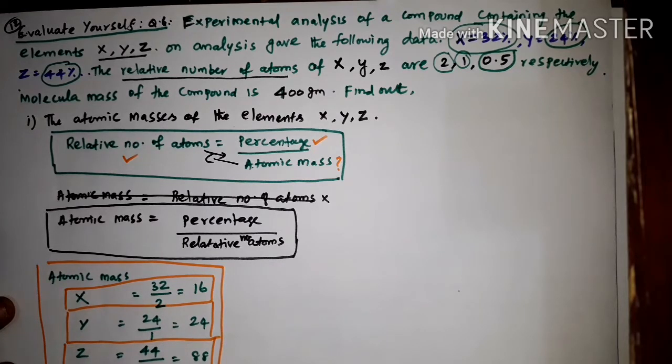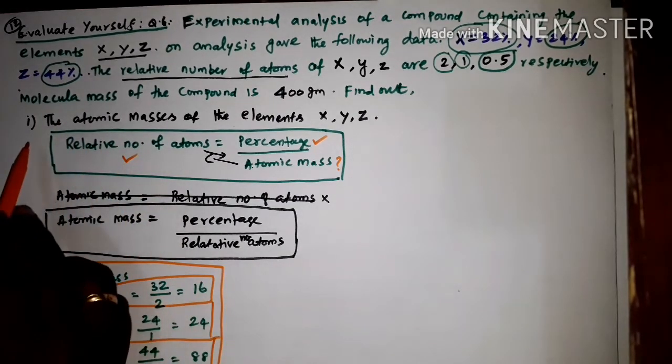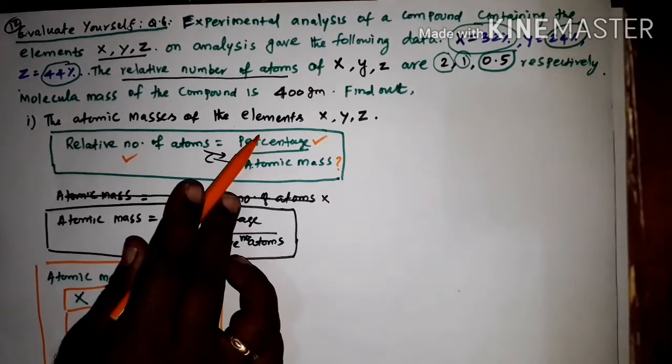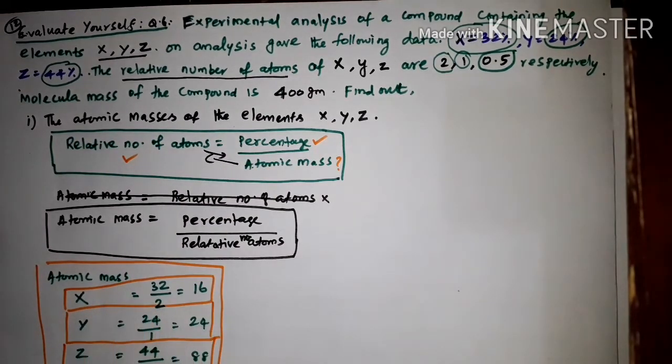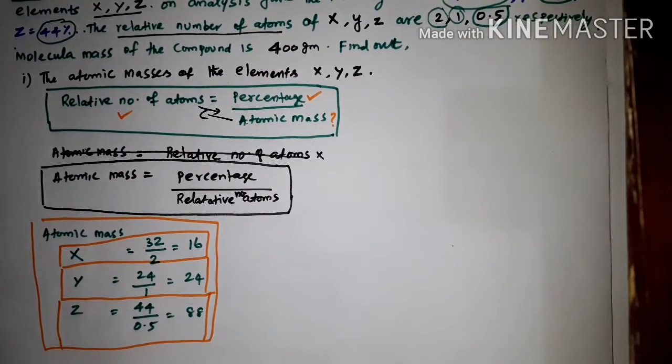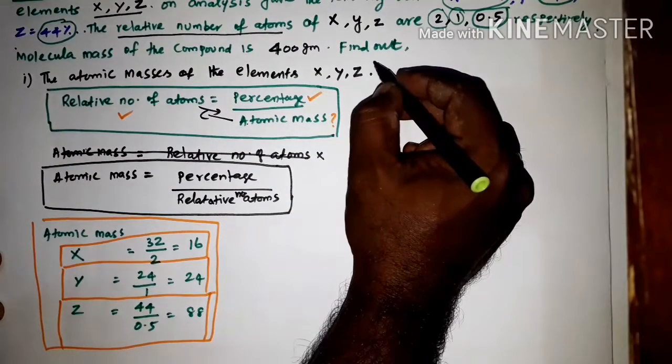Clear? Next. See, question number 1, we have calculated the atomic masses of the elements X, Y, Z. Now question number 2.